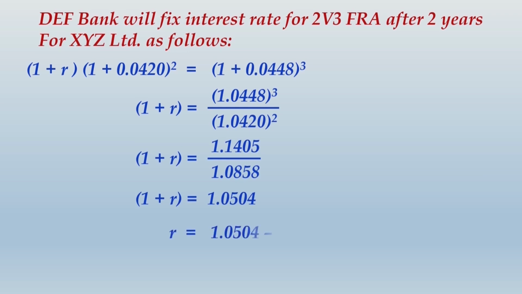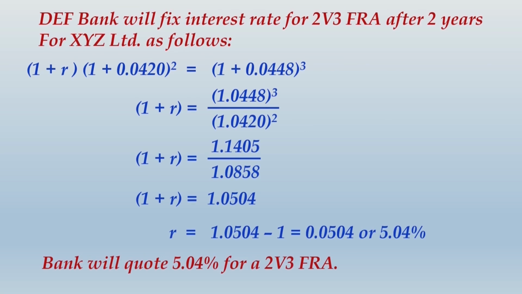So R will be 1.0504 minus 1, that will be 0.0504 or 5.04%. So the bank will quote 5.04% for a 2/3 FRA to this company XYZ Limited.